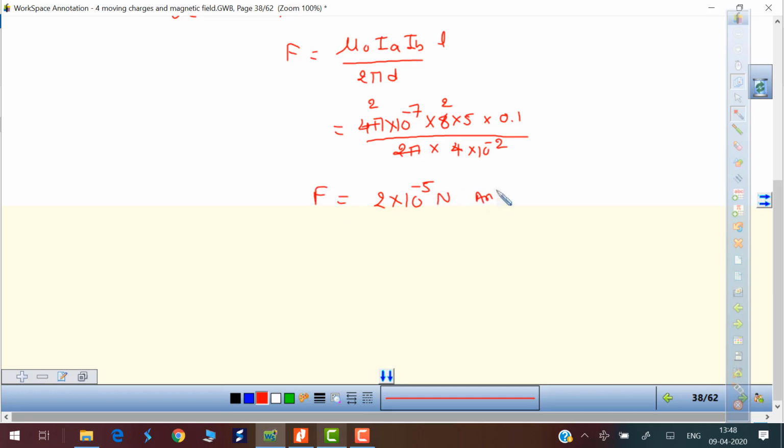That is your answer. And this force will be attractive since both currents are in the same direction.